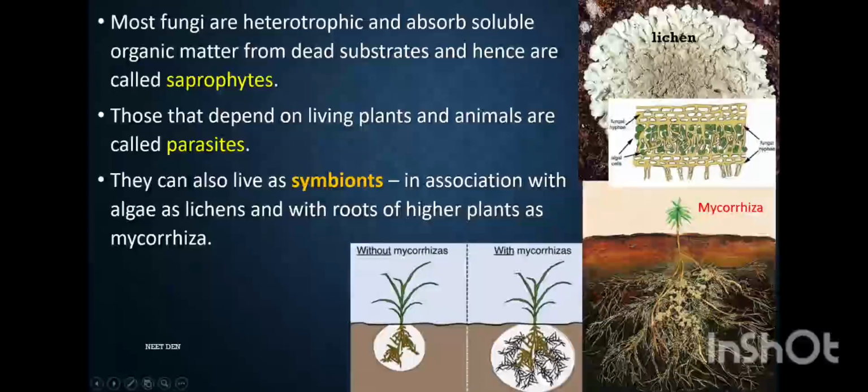And these mycorrhiza help in absorption of water as well as minerals from the soil. So they increase absorption of water as well as minerals from the soil. So this is a symbiotic relationship between the fungi and the algae, and the fungi and the green plant.